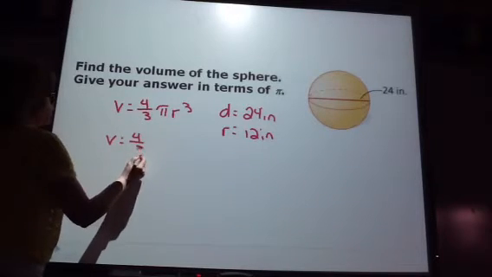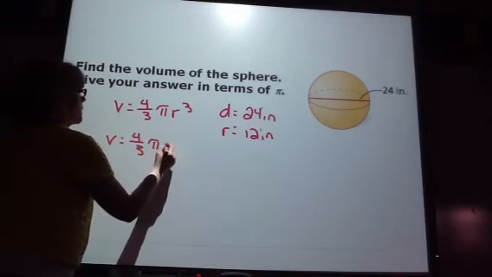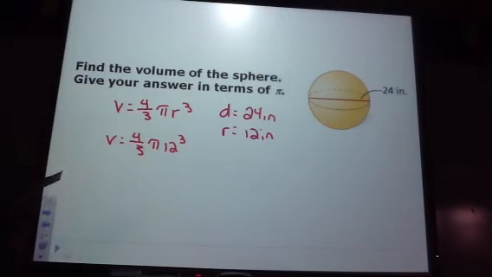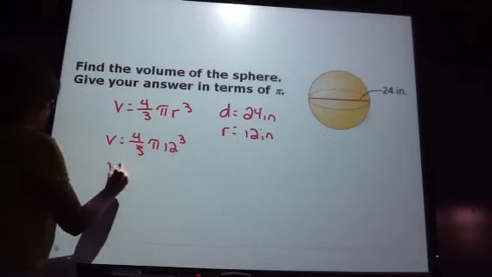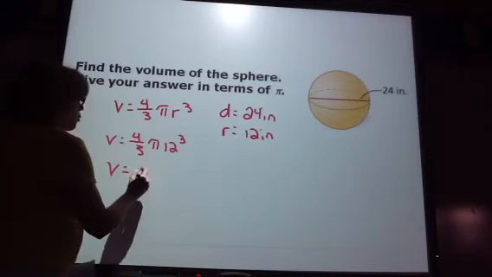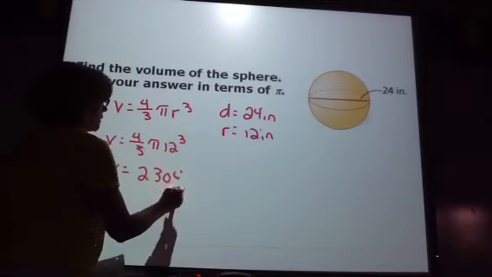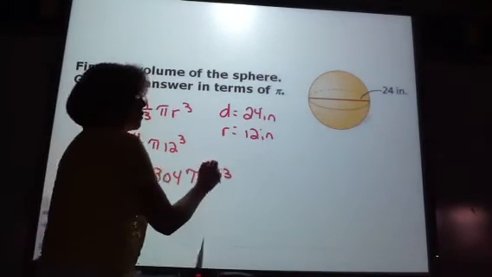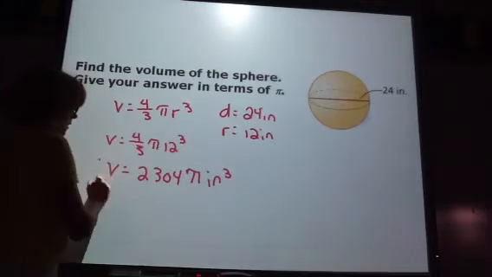So we have 4/3 pi times 12 cubed, and when you take 4/3 times 12 cubed, you get 2304 pi inches cubed. Don't forget your inches there.